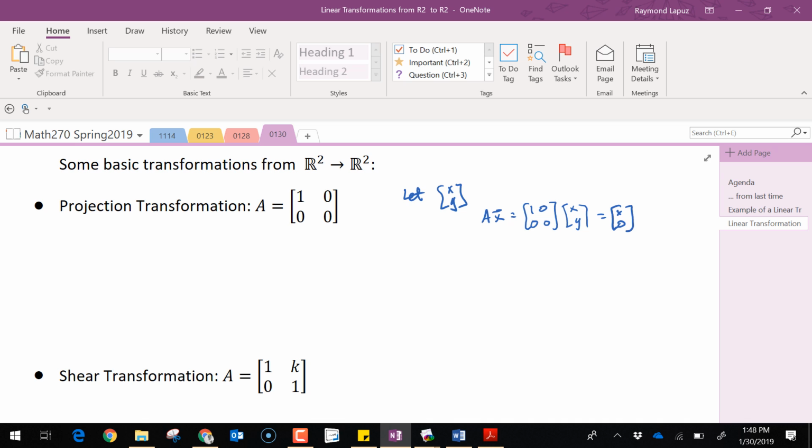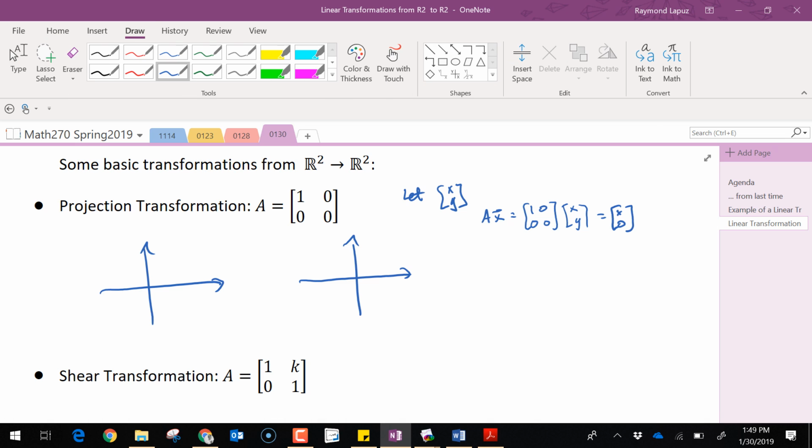So imagine how that's going to look. Maybe plot some points initially and then try to generalize. So 0, 0 would go to 0, 0. It is a linear transformation after all, so we know that's always going to happen.